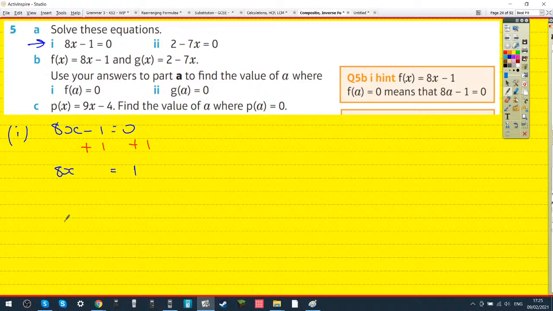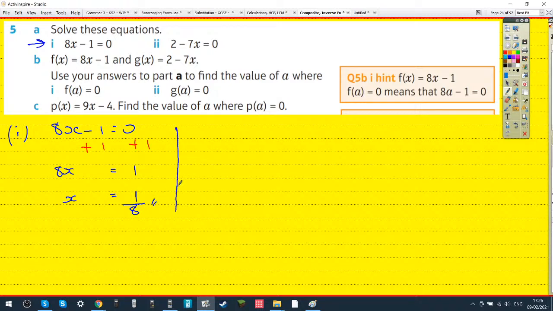Then you need to get rid of the 8. So you divide by 8. And 1 divided by 8, you can leave it as a fraction. That's literally 1 over 8. Yeah, nothing wrong with that.